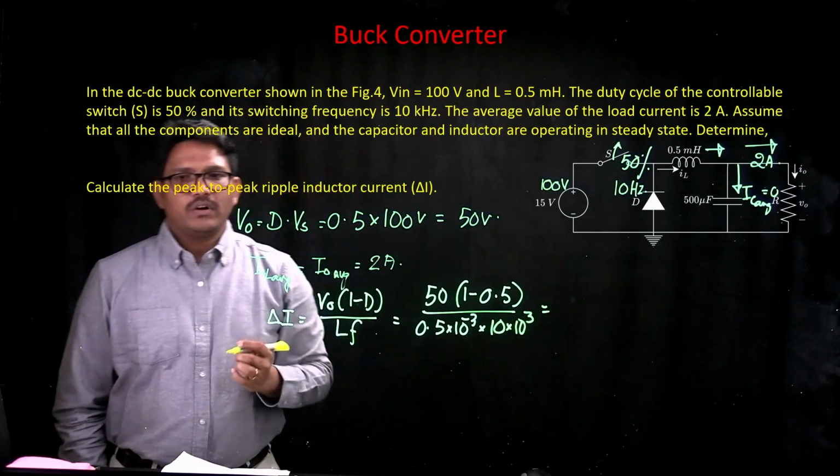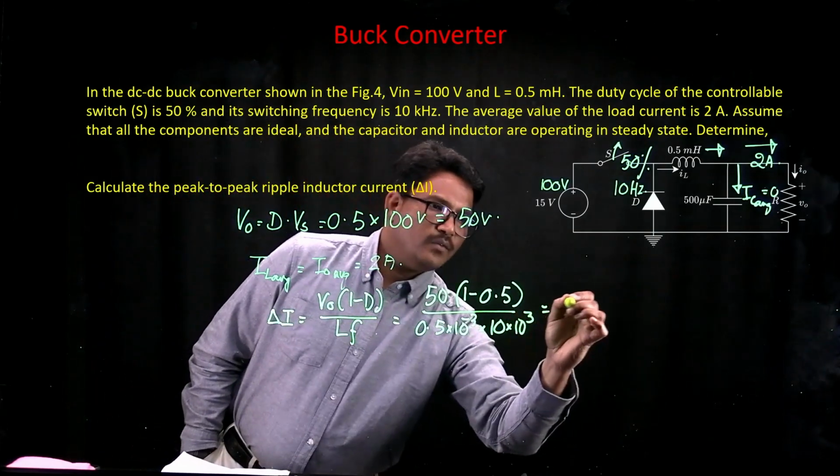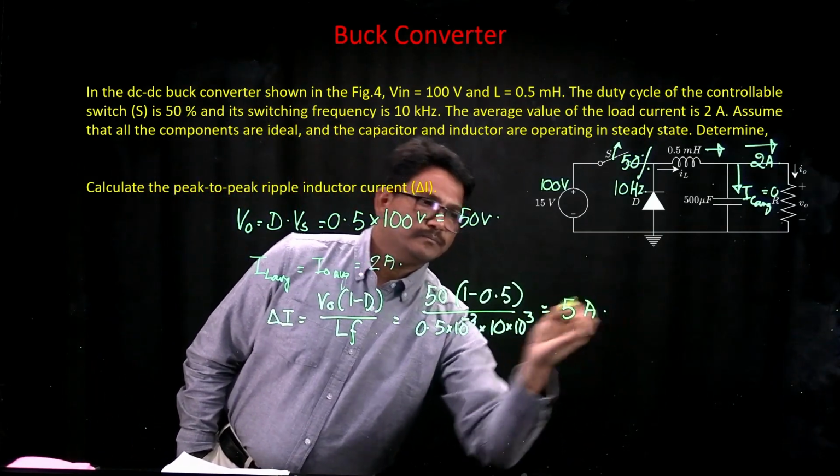So if you calculate the value of that current ripple, it will be 5 amps.